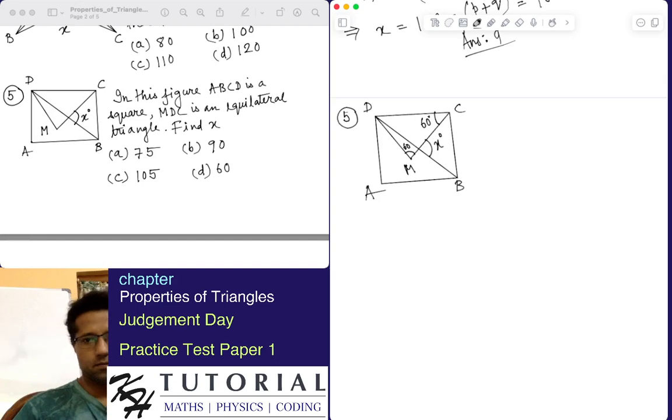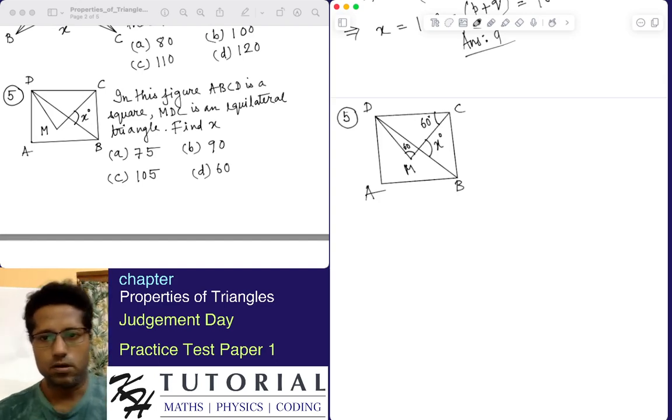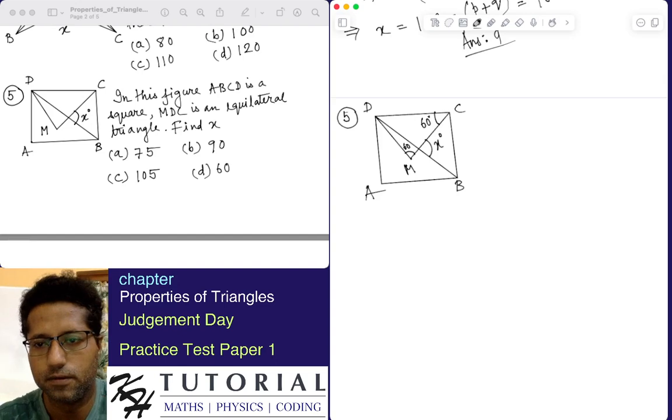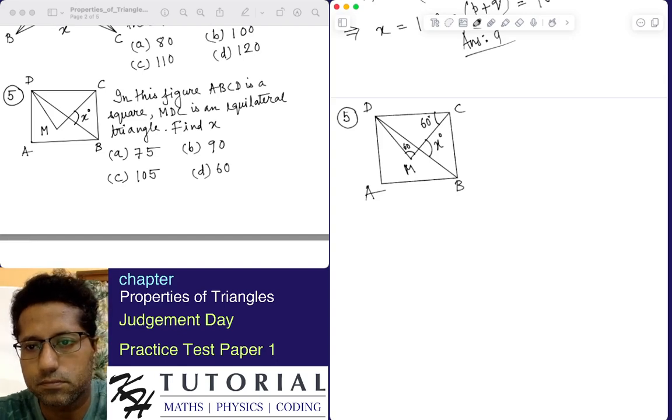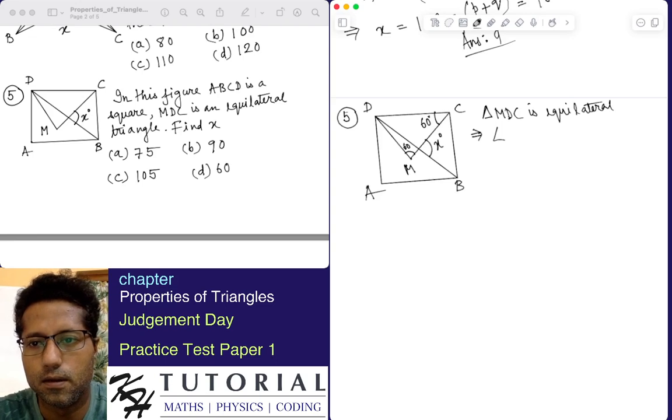The fact that triangle MDC is equilateral implies that angle MCD is equal to angle DMC is equal to angle MDC is equal to 60 degree.